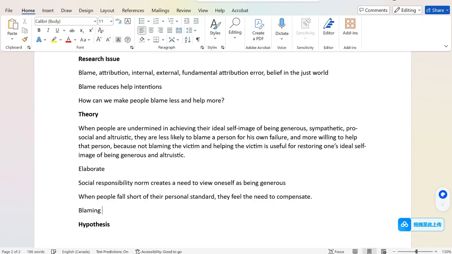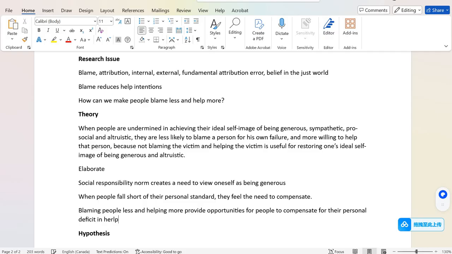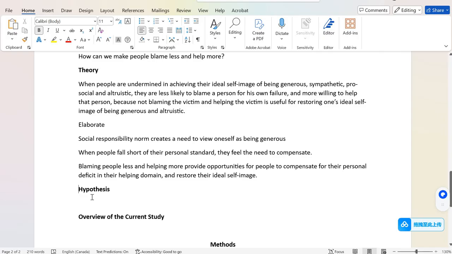Blaming people less and helping more provides opportunities for people to compensate for their personal deficit in their helping domain, and restore your ideal self-image. That'd be a theory statement.